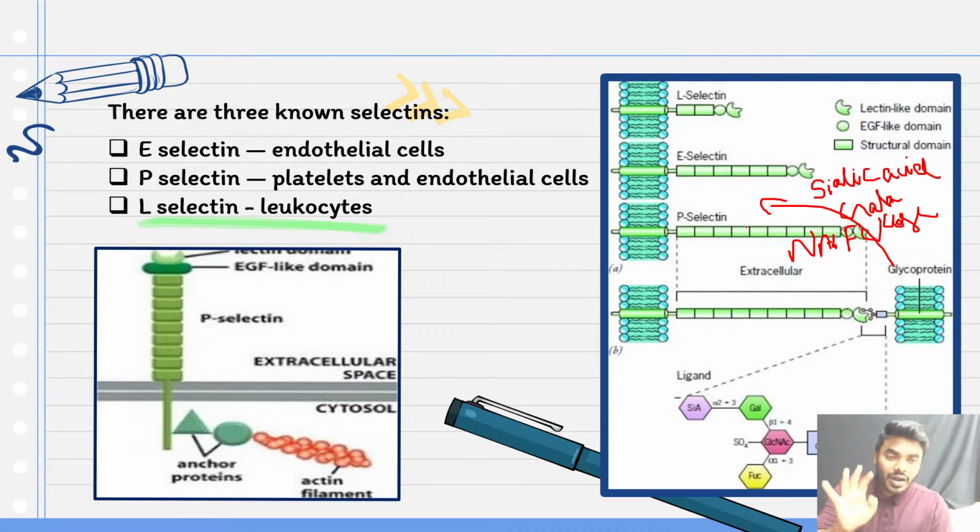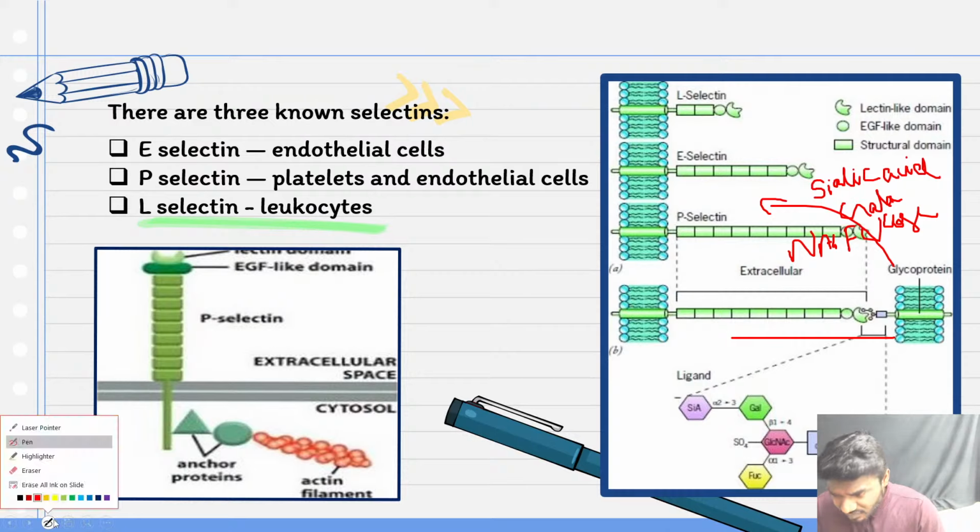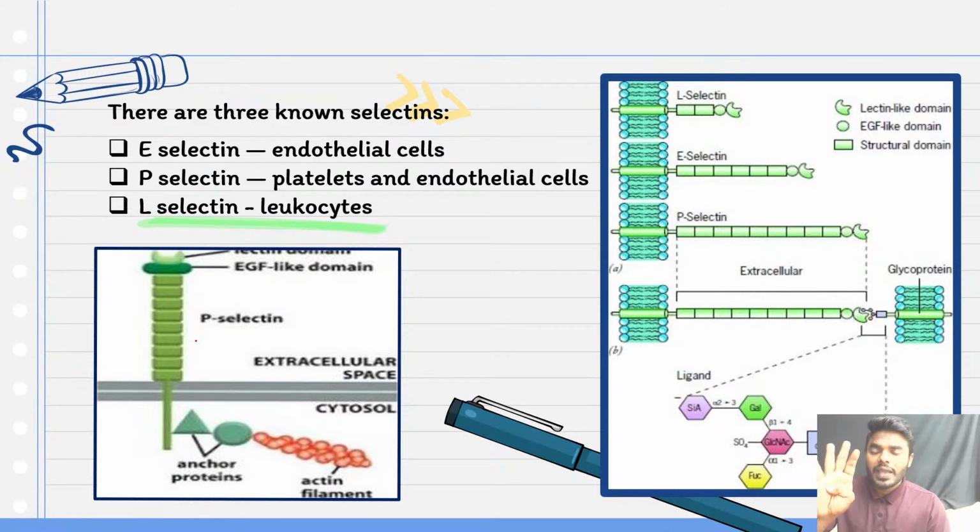These four are the major sugars to which selectin will be associated. Now friends, what are those? Galactose, sialic acid, fucose, N-acetyl glucosamine or N-acetyl galactosamine. And friends, another very important point I want you to remember without fail. All the students, look into the diagram carefully.